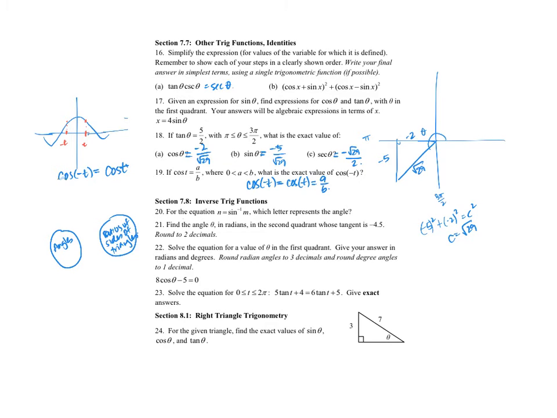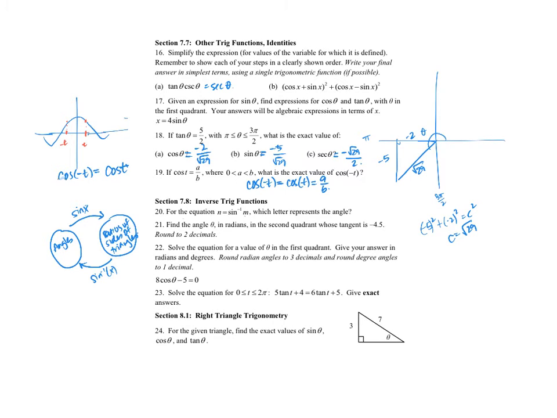Or you could think of it as the y-coordinate on the unit circle. You input an angle into sine and you output a ratio of sides of triangles. But sine inverse goes the opposite way. In other words, if you know the ratio of sides of triangles, you can plug it into sine inverse and you get out an angle.